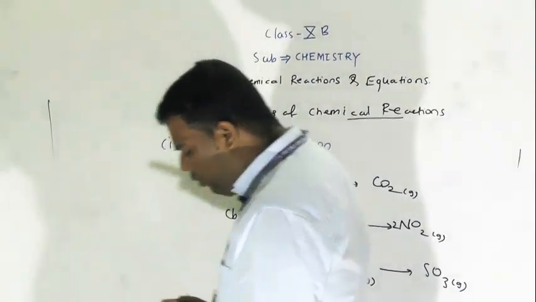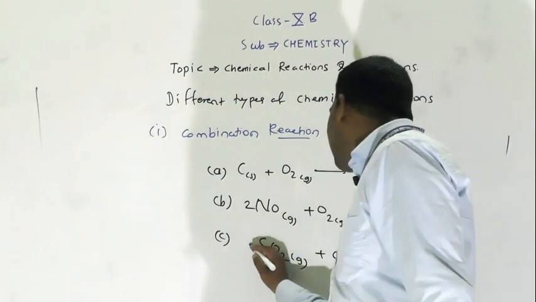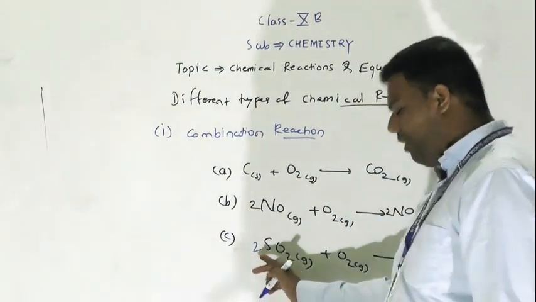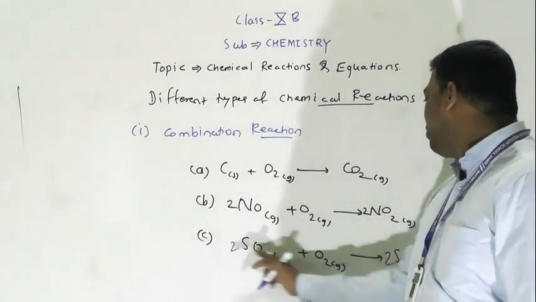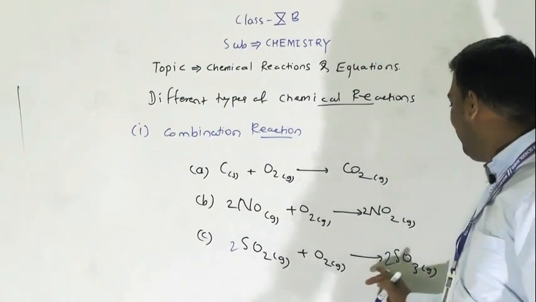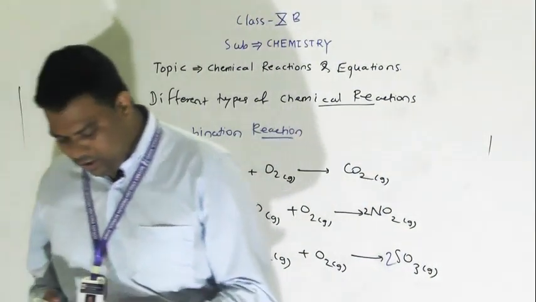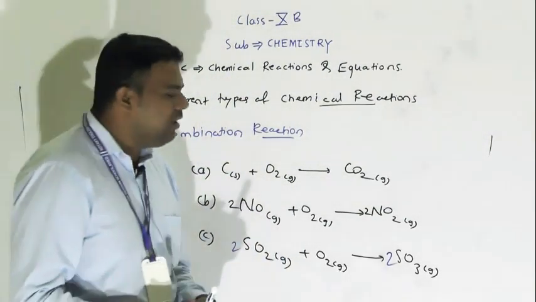Now see how to balance this reaction. For balancing, 2 will come here, and here also 2 will come. Now we have to cross check: 2 sulfur here, and here also 2 sulfur. Here 4 oxygen plus 2 is 6, and here also 2 times 3 is 6.